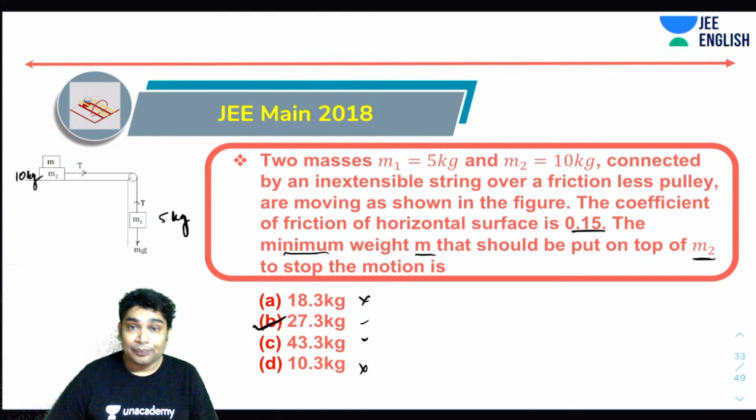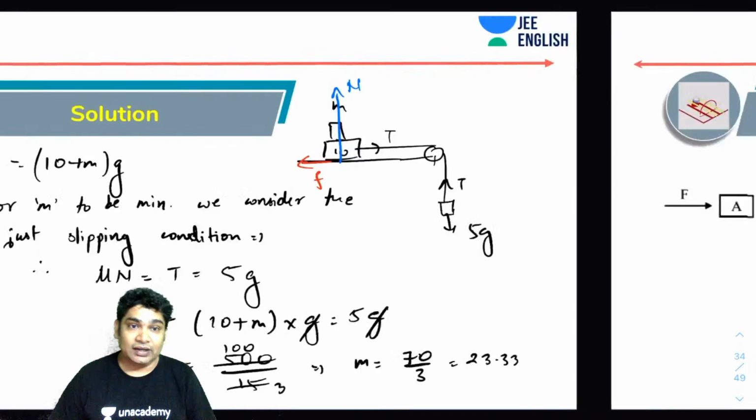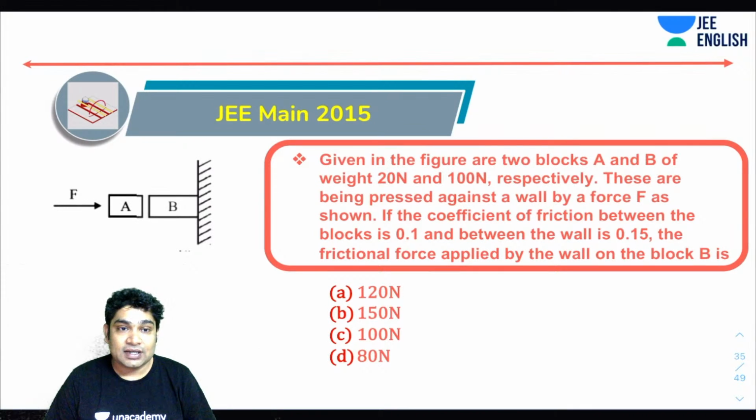Okay, now let's move on to the next one. So here is another question that you can try. This was again asked in JEE Mains 2015, and this question says that given in the figure, two blocks A and B of weights 20 Newton and 100 Newton respectively are being pressed against a wall by a force F, as shown.